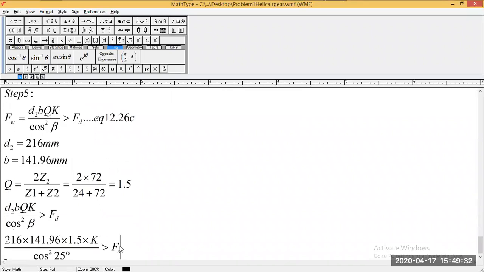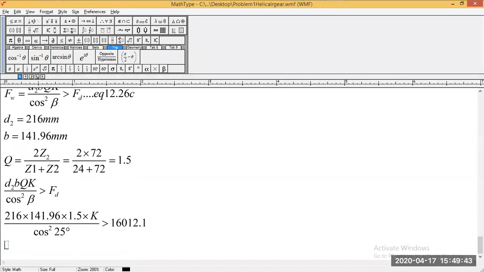So that means this is 16012.1. So that means your K should be greater than what value? This into cos 25 squared divided by 16 into 141.96 into 5 is 0.2859.